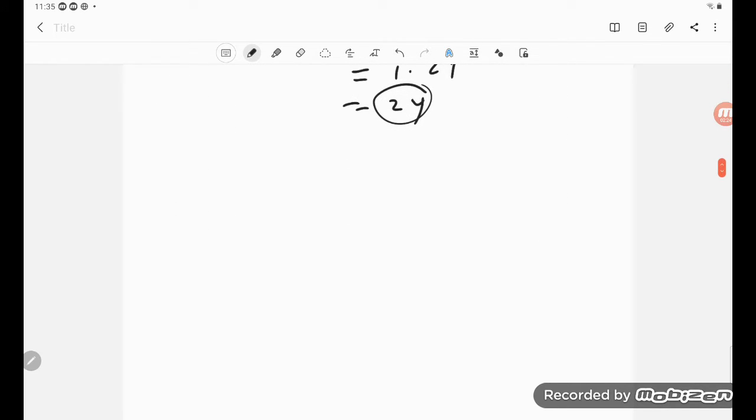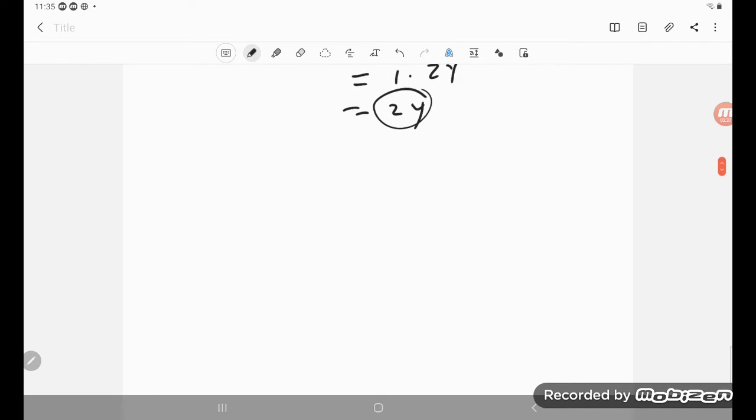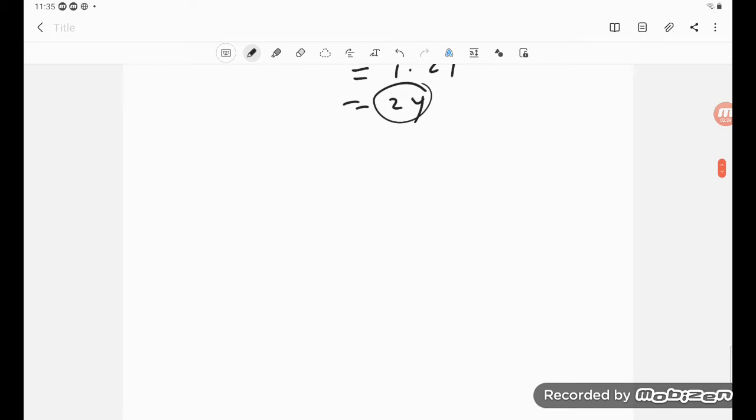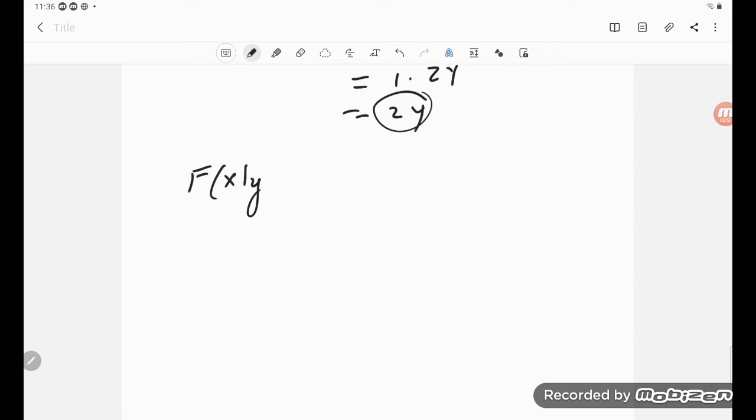And so in the text, they had this integral. So we were looking at f of x given y, and we said, oh, that's the integral from minus infinity to x.